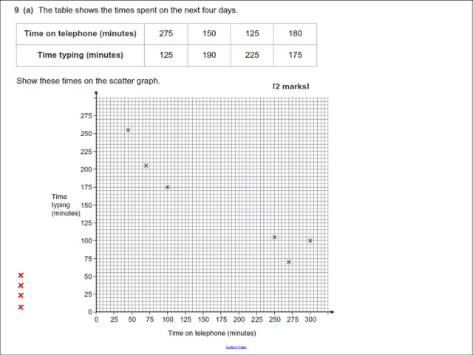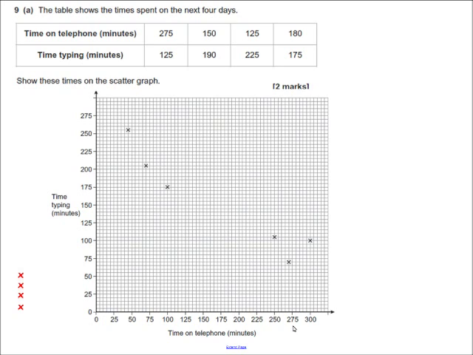So let's see what they're asking us. They're telling us that the table shows the time spent for the next 4 days. Time on the telephone 275 minutes, time typing 125 minutes, and so on. So basically it's asking us to plot these additional times onto the scatter graph. So what we need to do is to plot the first point.